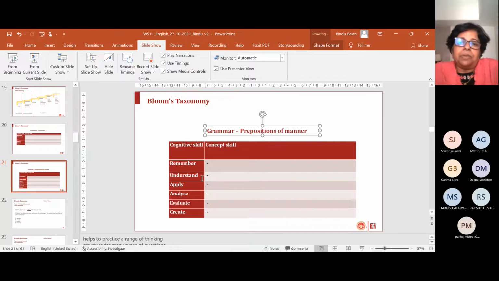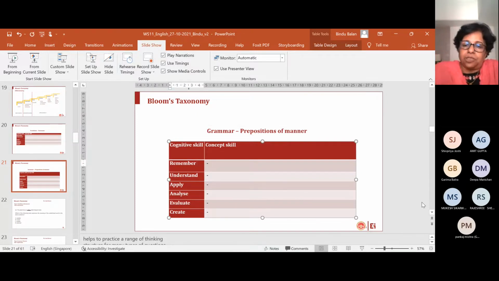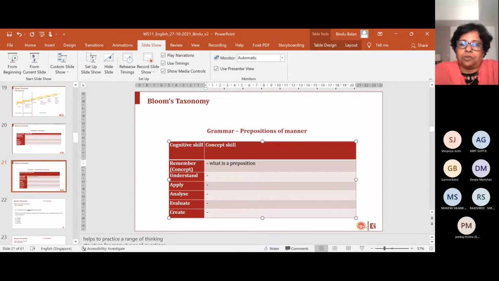Remember. So remembering is regarding the concept of preposition. Here we will teach them what a preposition is, as a recall if you have taught a previous lesson, and what the different types of prepositions are.